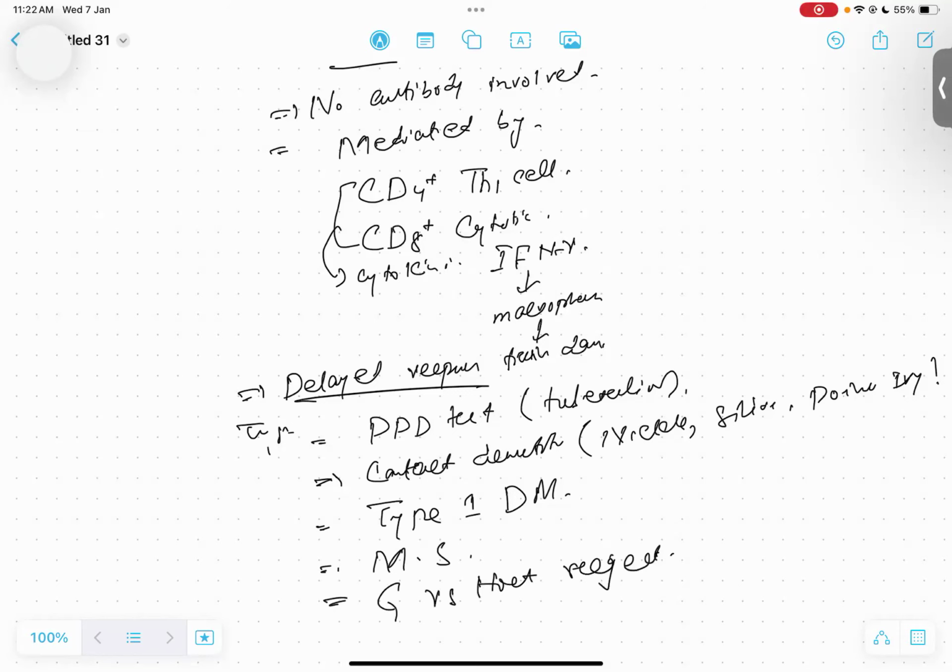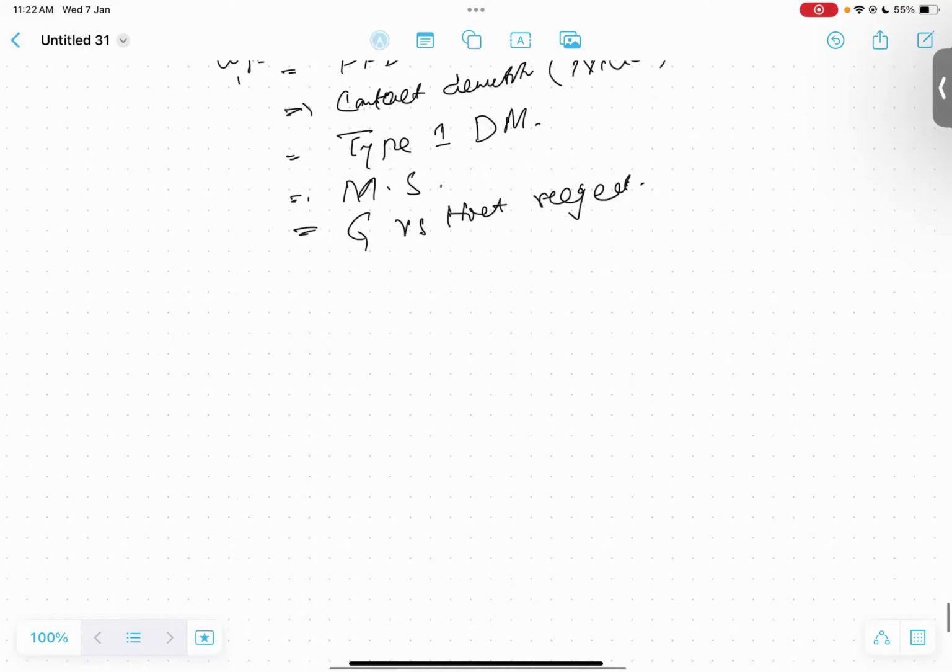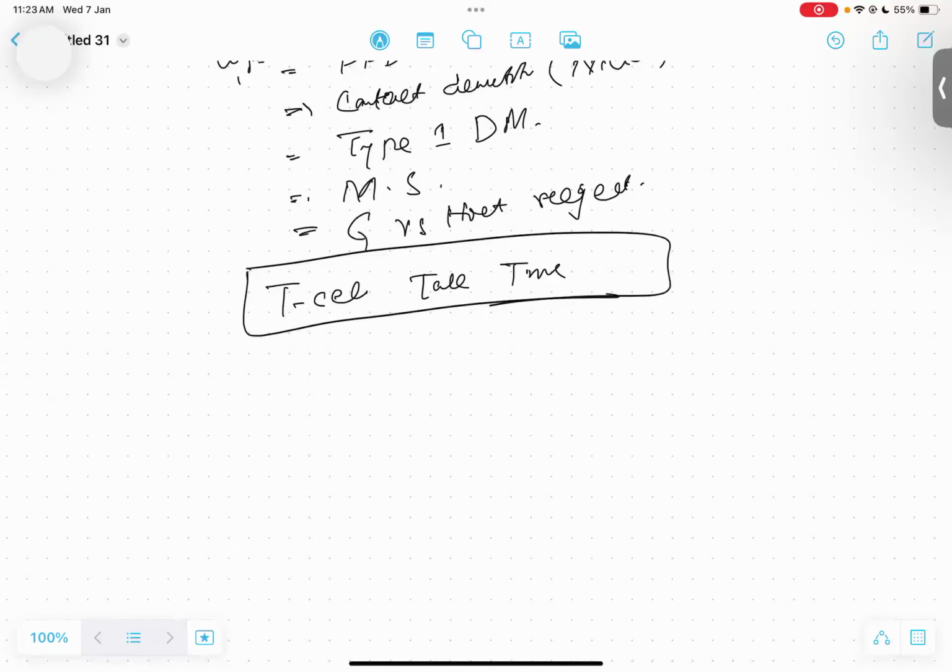Remember that T cells will take time. That's why it is called type 4, a delayed type of hypersensitivity reaction.